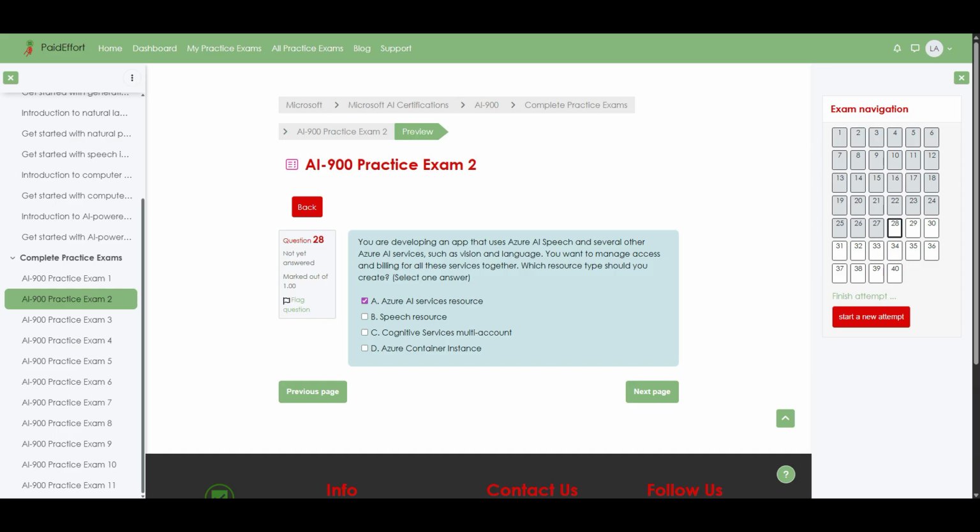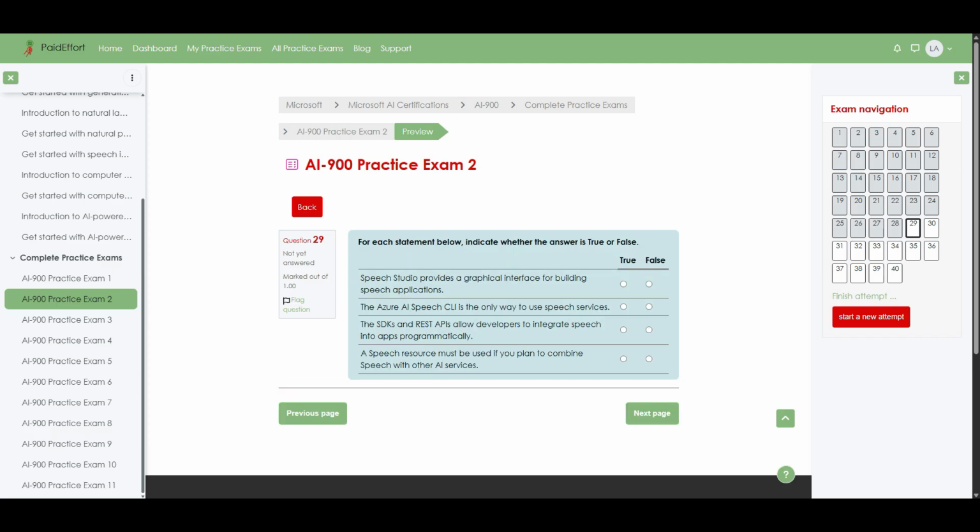As for cognitive services multi-account, it may sound valid, but it's not an actual resource type in Azure. Finally, Azure Container Instance is used to host containers, not to manage AI services, so that doesn't apply here. So remember, if you're integrating multiple AI capabilities, go with Azure AI Services Resource.